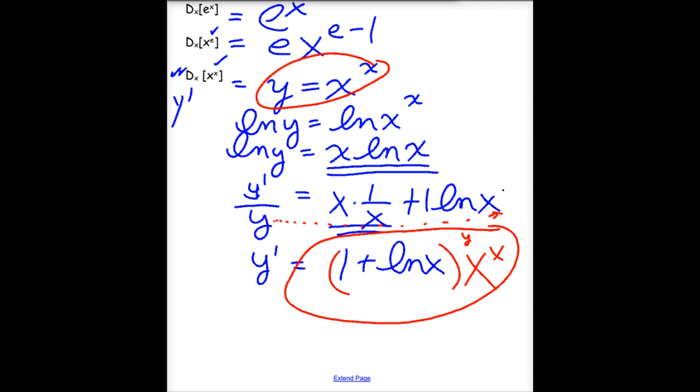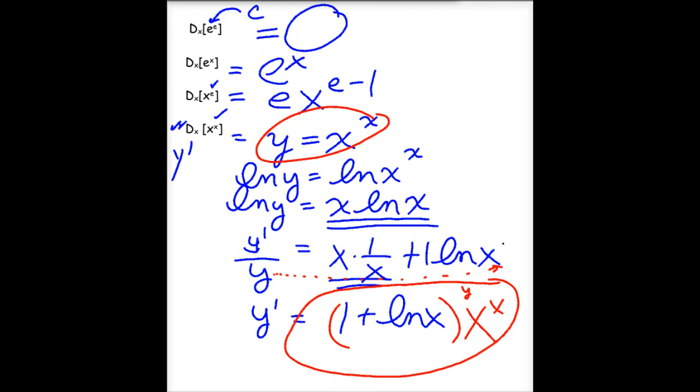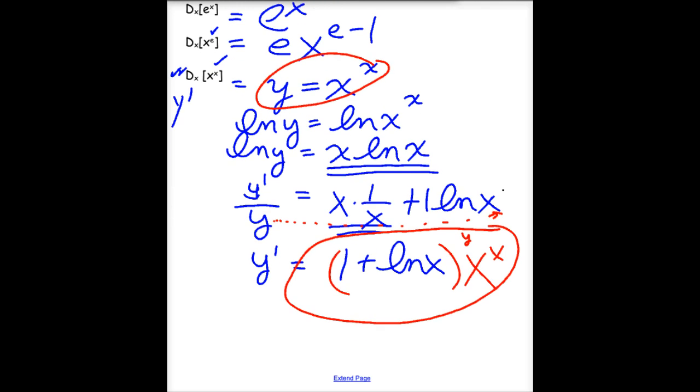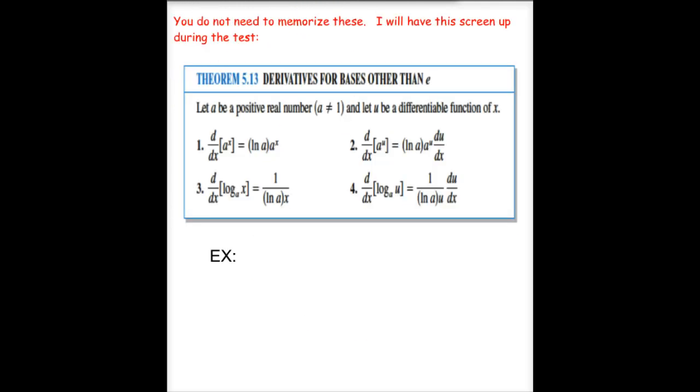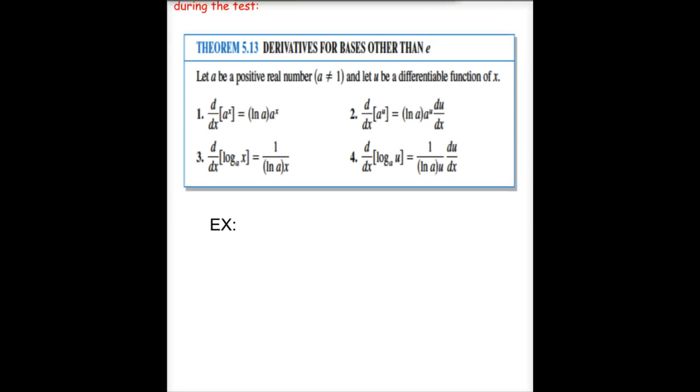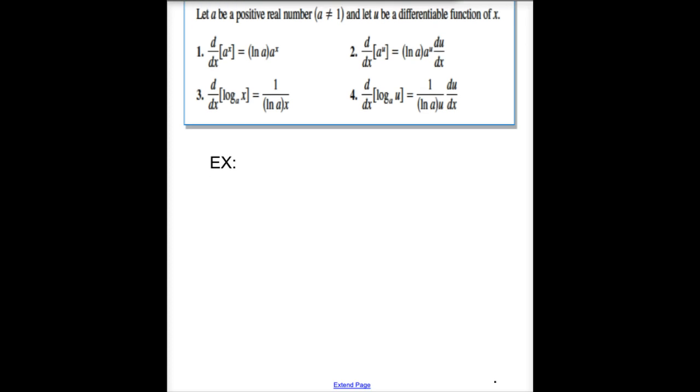Note how much more difficult that was when the variable was both the base and the exponent. So you don't need to memorize these. I've given them all to you, but I think you should memorize them based on their derivations, but you can go ahead and look at these.